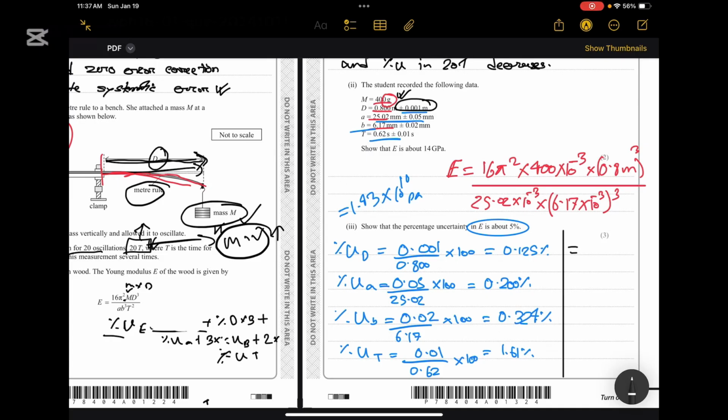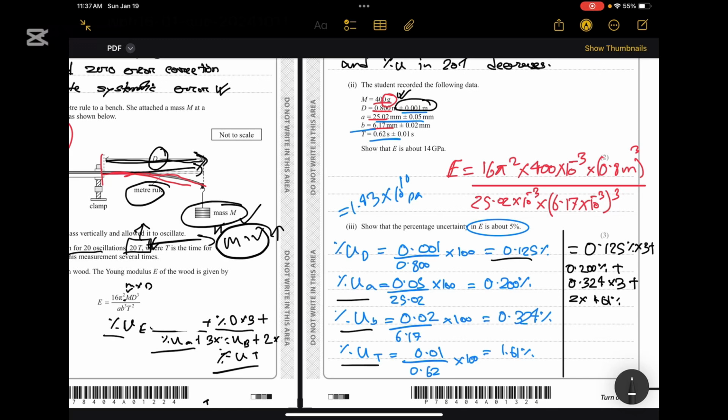So first of all, we have to do 3 into percentage uncertainty of D. So 0.125% into 3, plus the percentage uncertainty of A, 0.200%, plus percentage uncertainty of B multiplied by 3, so 0.324 into 3, plus the percentage uncertainty of T into 2, 2 into 1.61%.